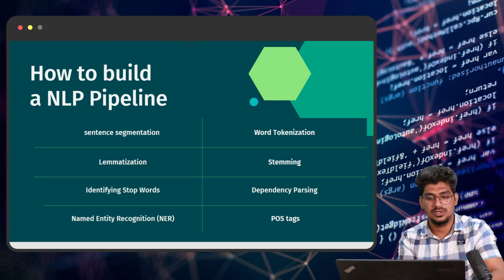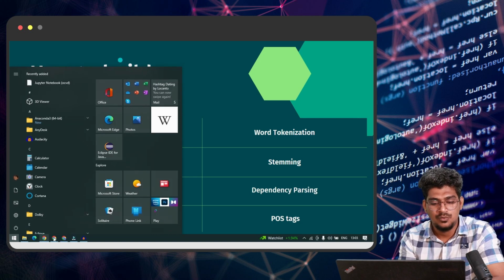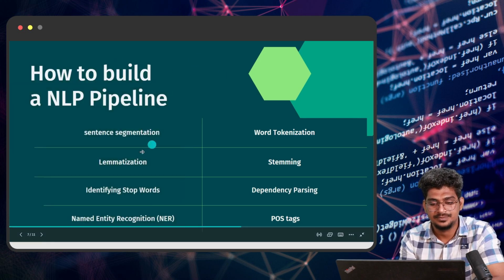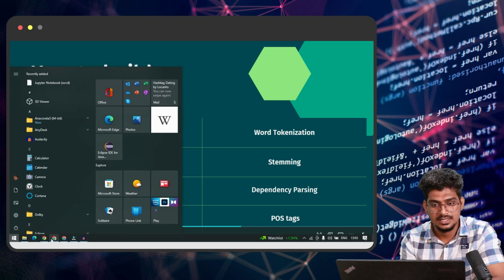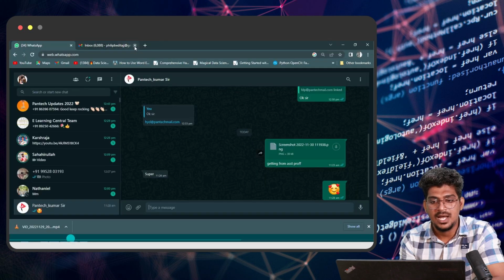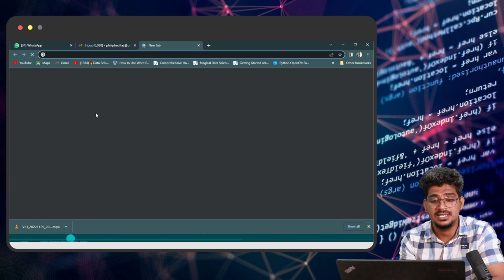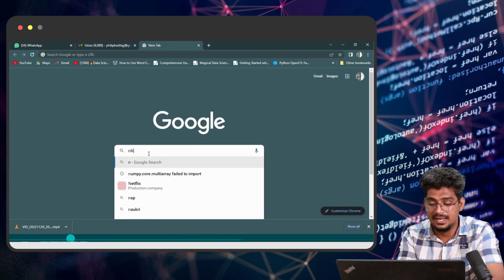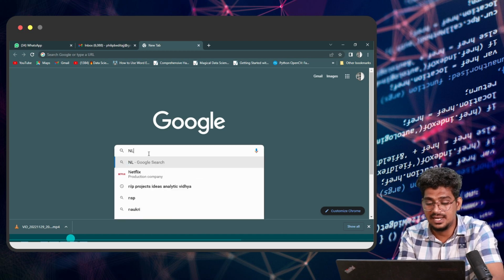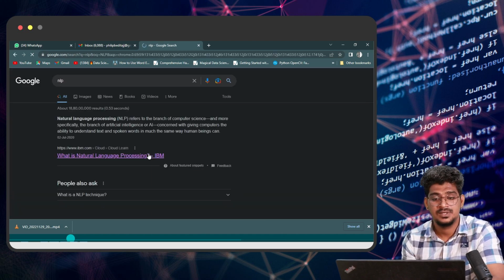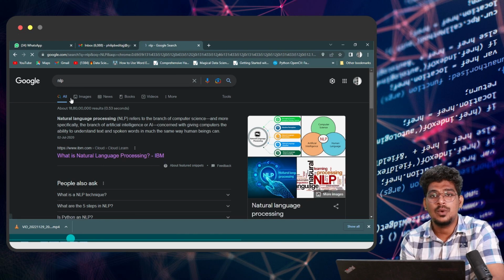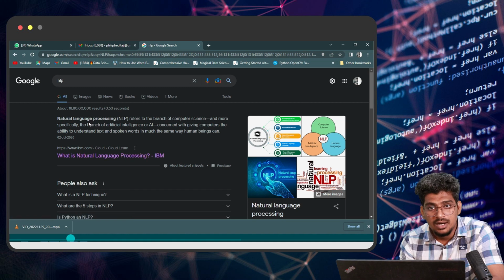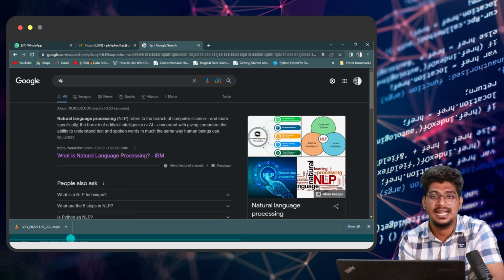I will show the example for this. Now I am going to search NLP. Once I search NLP, it automatically gives one particular paragraph about NLP.